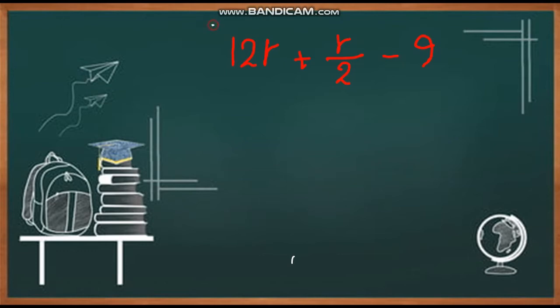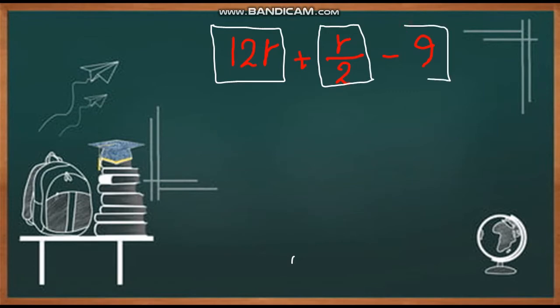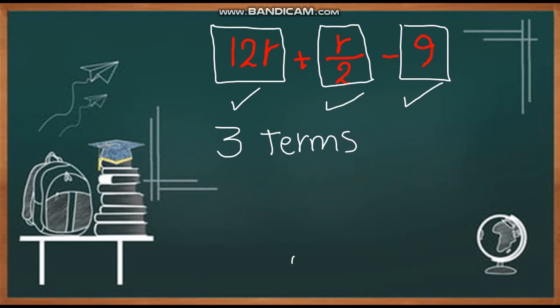We have the first term 12r, the second term r out of 2, and the third term 9. So we have 3 terms. So again, what is the meaning of terms? A term is a part of the expression that is separated by addition and subtraction.